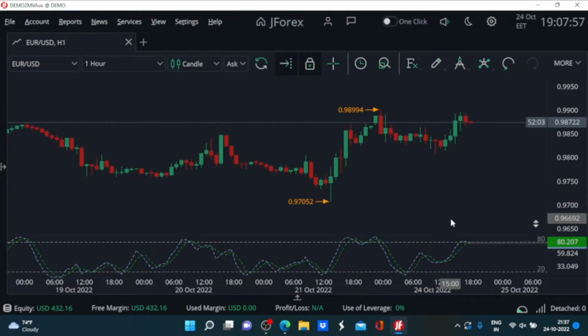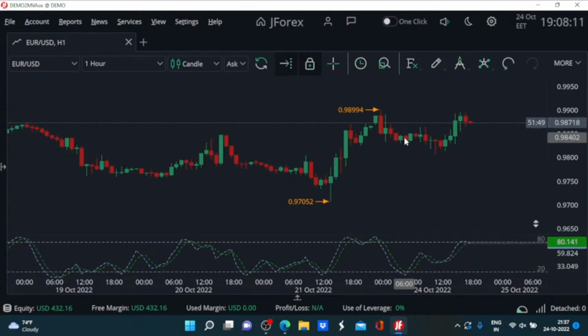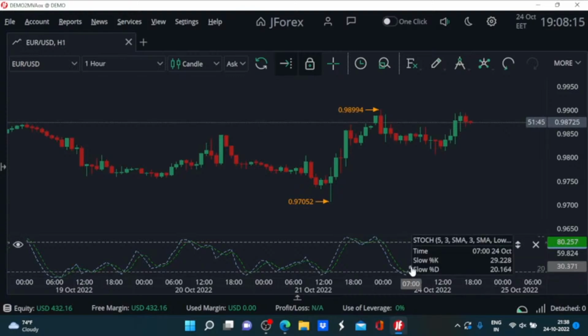Now, as you can notice, we had this run from the lower side. If we consider this price action data, when the EUR/USD had reached an extreme on the lower side on the stochastic, the price action didn't really reverse to the full extent from that retracement zone.